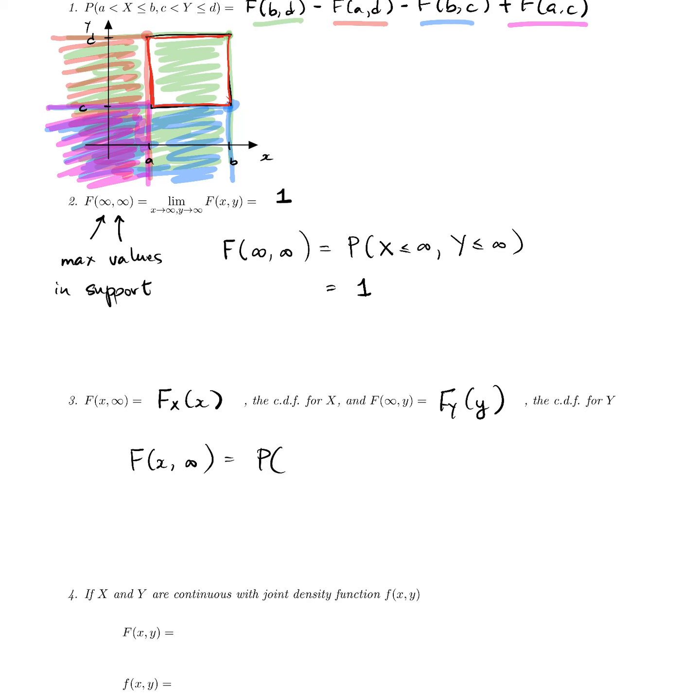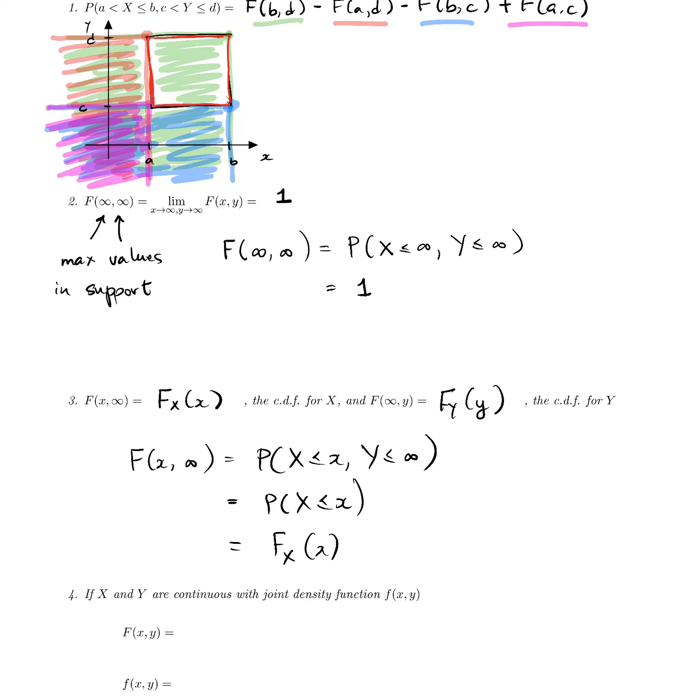That's the probability that X is less than or equal to x and Y is less than or equal to infinity. Y is always less than or equal to its maximum value, or less than or equal to infinity. So that is really just the same as the probability that X is less than or equal to x, and that is the CDF for X.